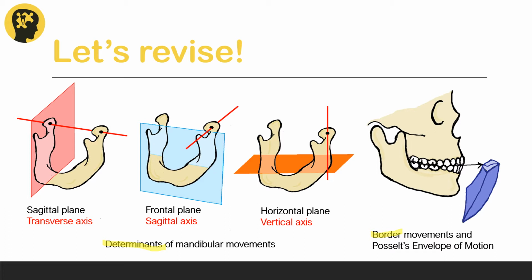And Dr. Posselt was the first to actually trace these border movements along these different planes and put together a three-dimensional limiting structure, which he called the Posselt's envelope of motion. And he said that all functional movements of the mandible, be it laughing or speaking or chewing, occur within this envelope.